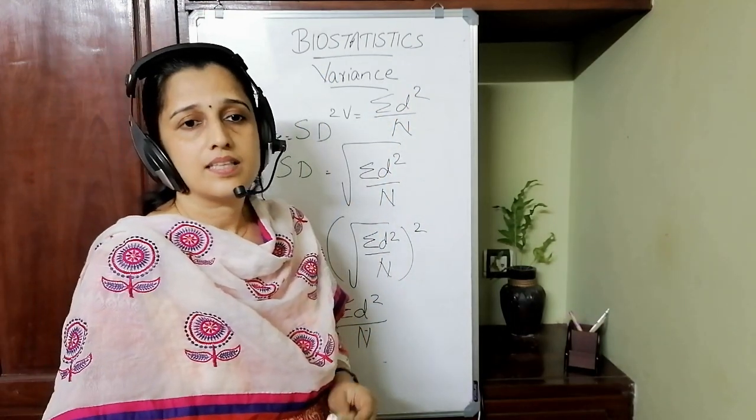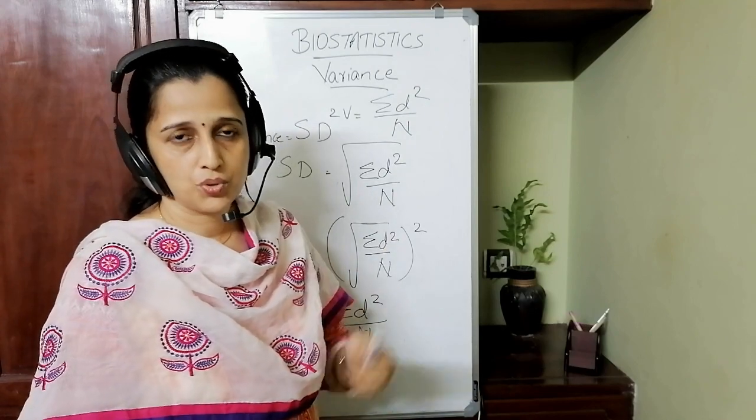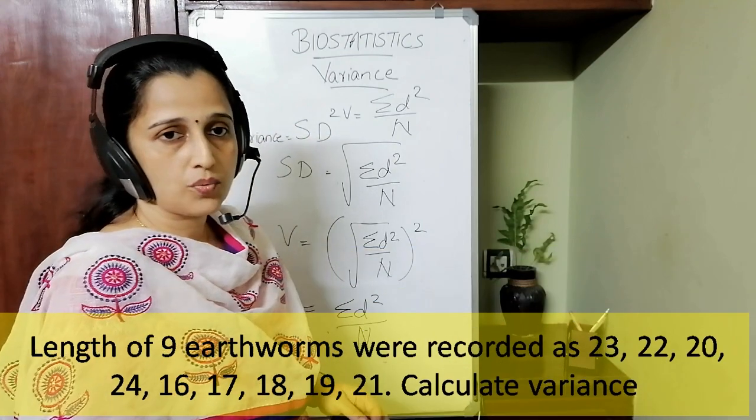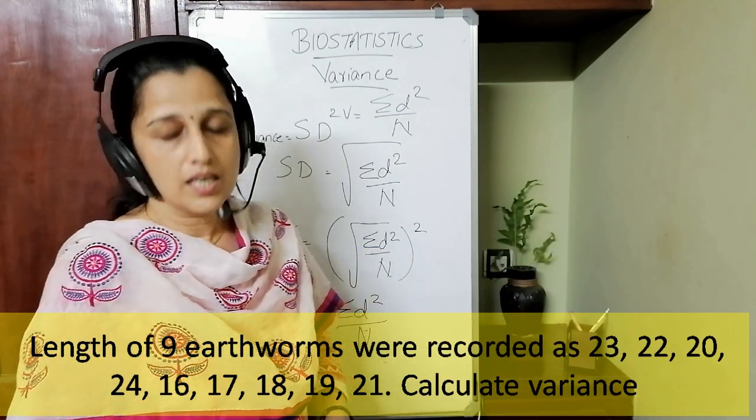Now let's see an example of ungrouped data. Here is a question which shows the length of 9 earthworms.